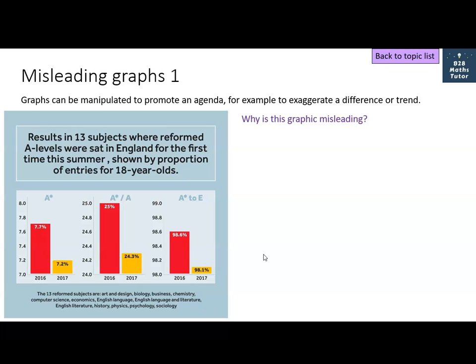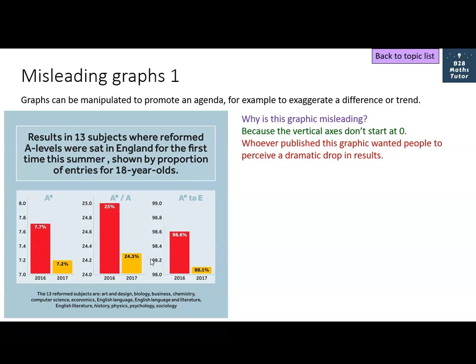The key thing is that the vertical axes don't start at 0. Now, sometimes it's okay to do that, but this emphasizes what's really a very small difference. Whoever published this graphic wanted people to think that there was a really dramatic drop in results.